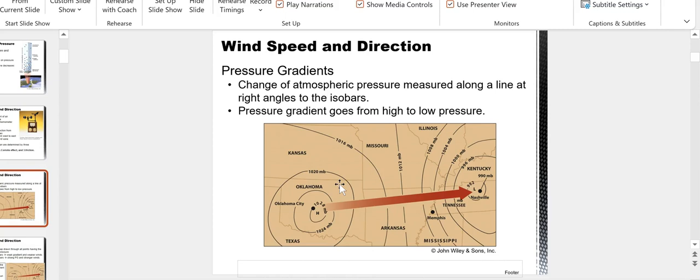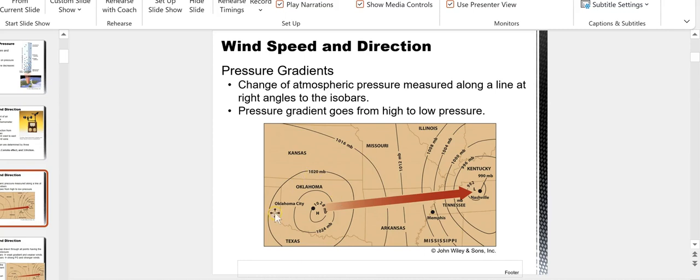The prefix iso means the same or similar. So if you take the word iso, which means the same or similar, and add in bar, coming from the word barometric, you get the word isobar. So it means that these lines are connecting similar levels of barometric pressure.